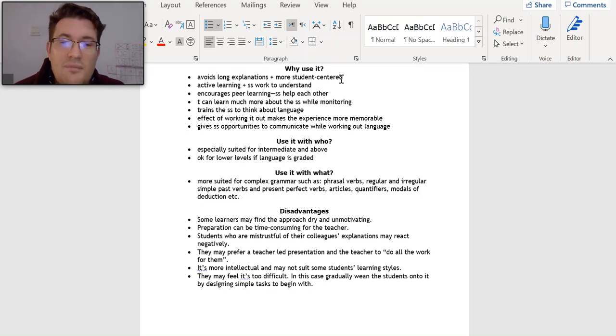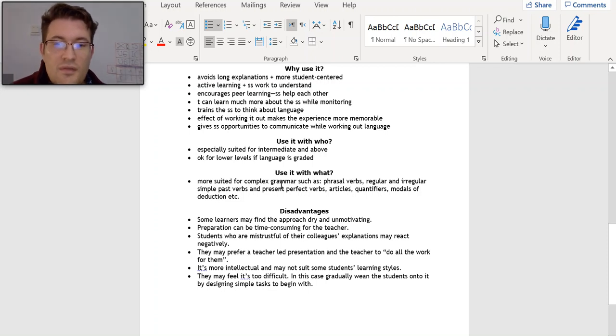It's not best for everyone. Not everyone wants to learn this way. Some people want to be spoon fed, yeah. It's really good for higher level students. For lower level students, they can do this if it's especially graded. So really easy questions, sorting, gap fills.